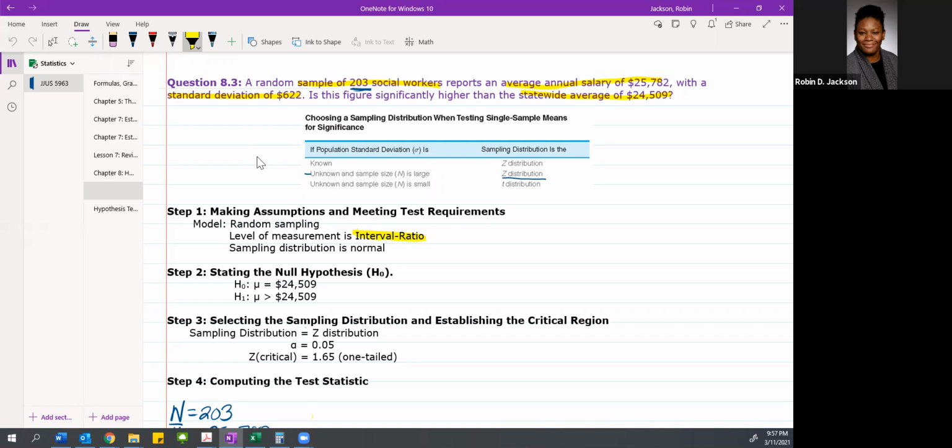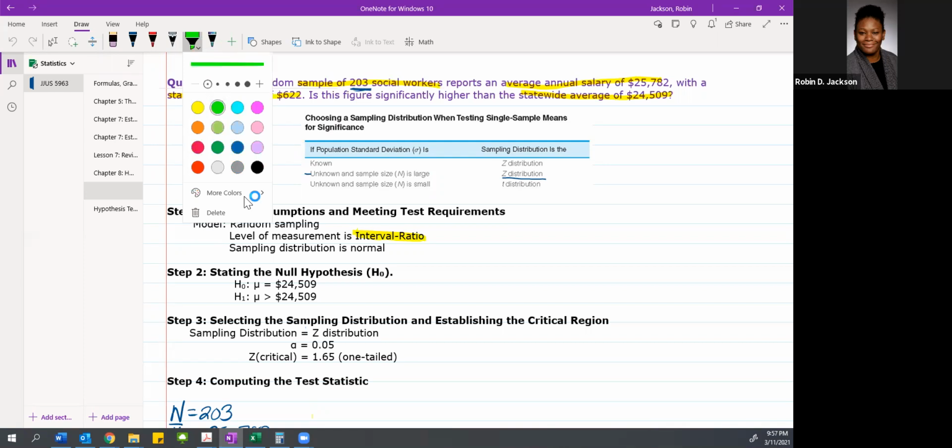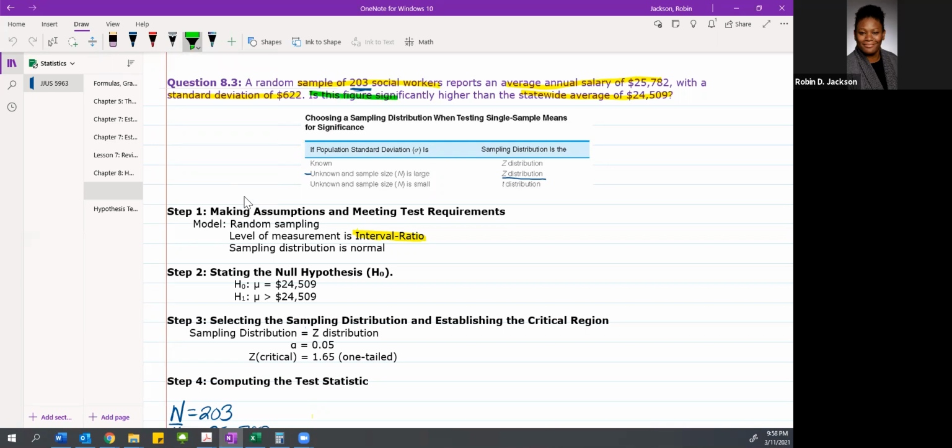Now, the next step is to state the null hypothesis. And this is where you need to figure out, are you dealing with a one-tailed test or a two-tailed test? And that information is going to be right in the problem. So one of the things that they ask us in the question, I think I'll go with lime green, is: is this figure significantly higher than the statewide average?